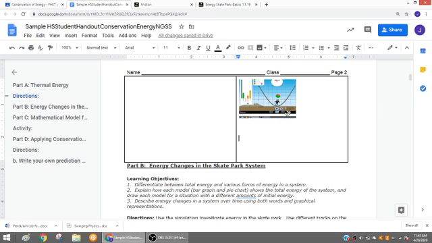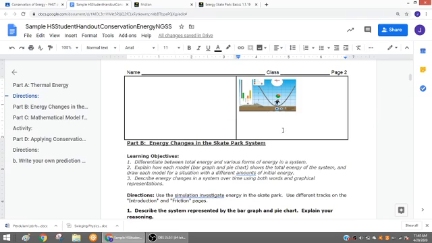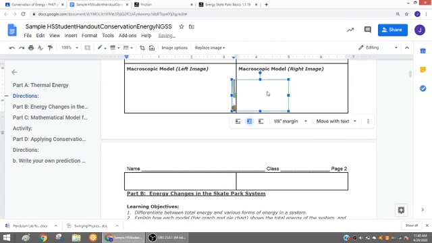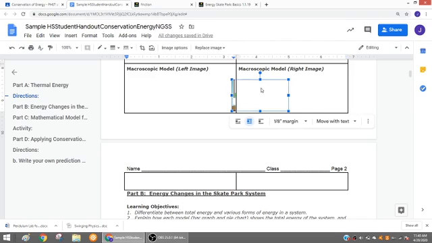Click off of it. Make sure it's wrapping text, and you can move it around wherever you need, inside of the box.